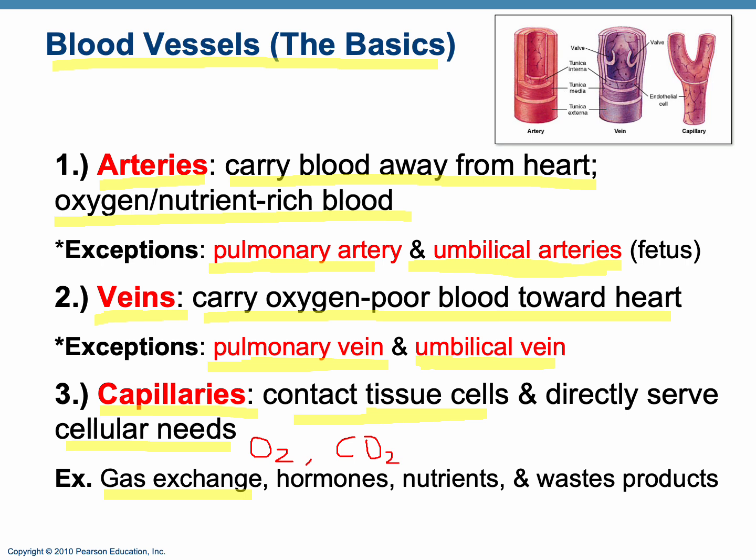But not only gas exchange will occur, you're also going to have exchange of hormones taking place. Examples of hormones would be insulin, glucagon, prolactin, estrogen, and so on and so forth.